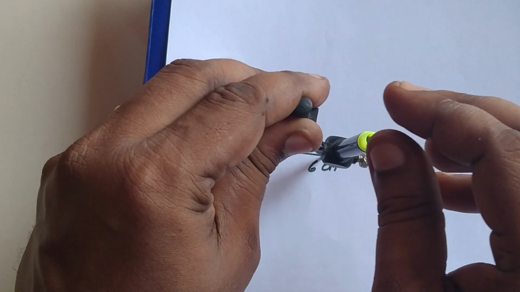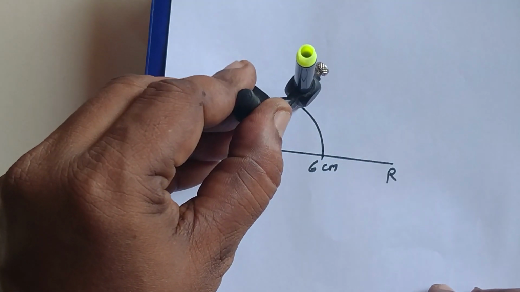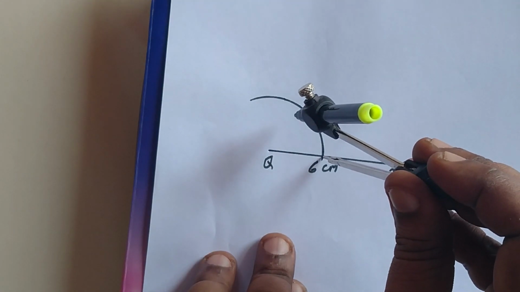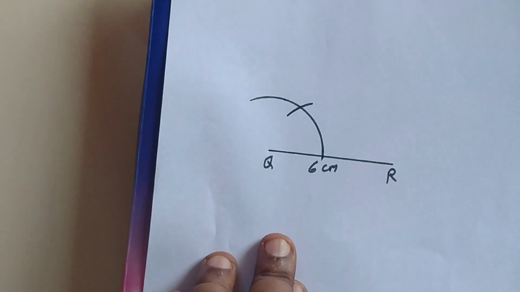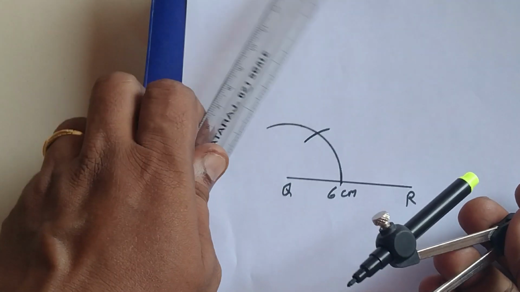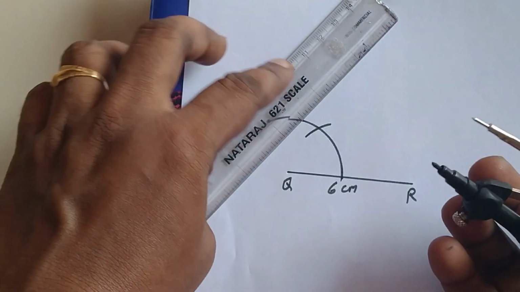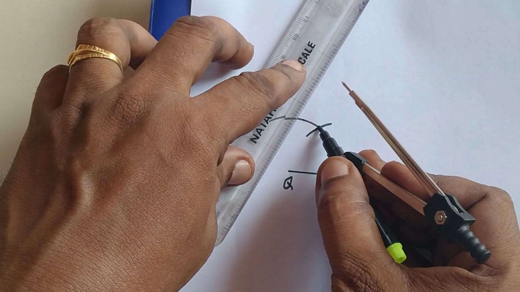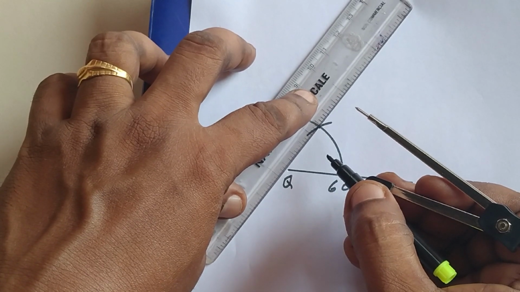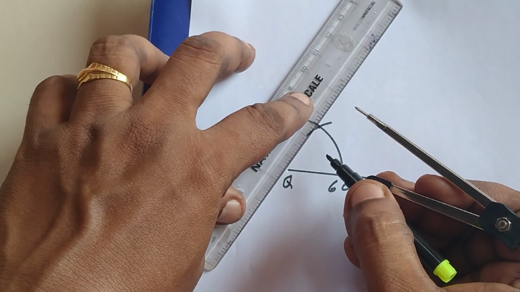Very easy to draw. Now from here draw the arc, so this will give us 60. Okay student, now when you are joining Q with this point which will give you 60, you have to extend it downward also. Okay, I will tell you why.